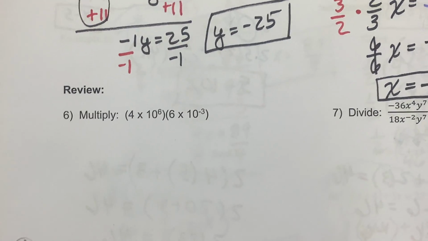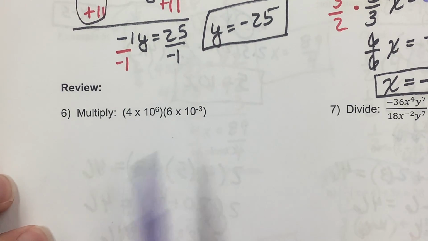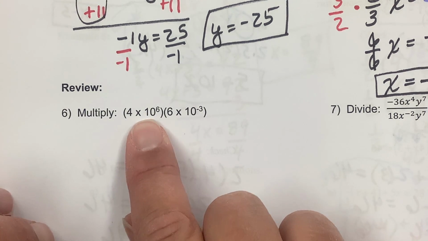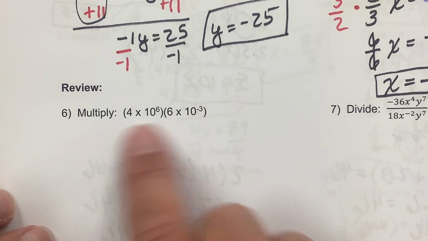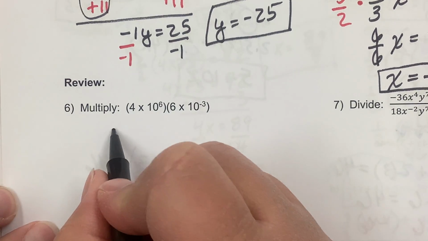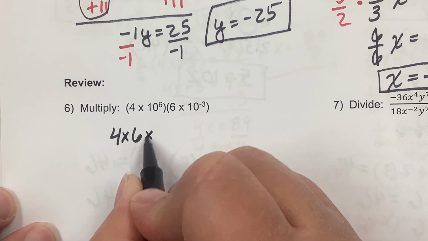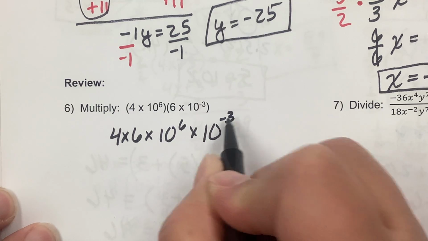Ooh, that's a whole lot of mathing going on, isn't it? Well, it's all multiplication. So I'm going to go back and try to remember my rules for multiplying a number that has a base and an exponent. But since it's all multiplication, I'm going to rewrite this problem as 4 times 6 times 10 to the 6th times 10 to the negative 3rd.